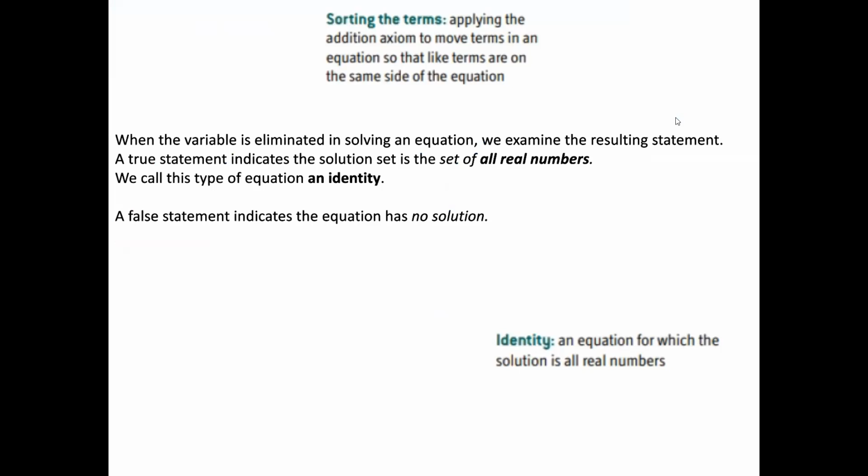A true statement indicates the solution set is the set of all real numbers. We call this type of equation an identity, right? A false statement indicates the equation has no solution. So identity, that's the equation for which the solution is all real numbers. So let's see what it is.